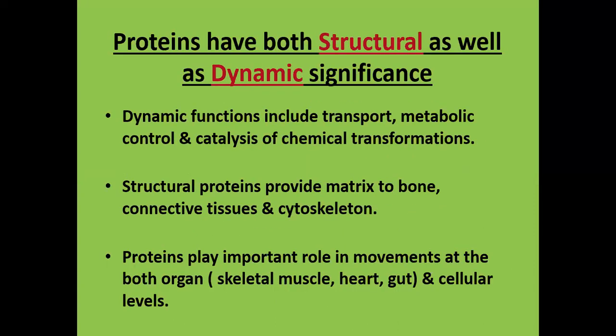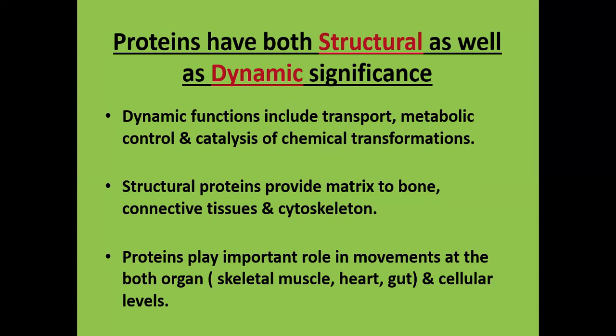Before we explain the nutritional importance of dietary proteins, first of all, we shall explain how proteins are different from carbohydrates and lipids, and then we shall explain the functions of the proteins.